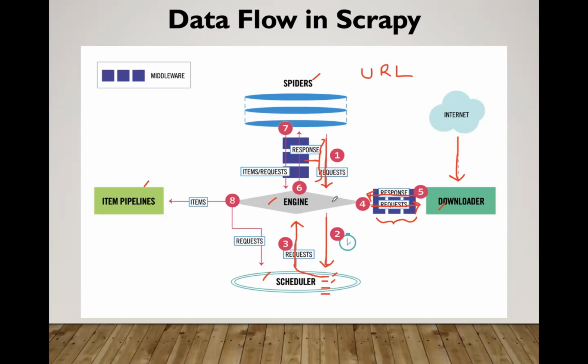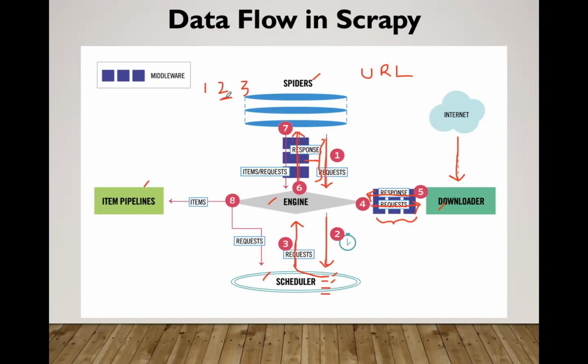Now this engine sends the response from the downloader to the respective spider that generated the request. Say suppose there are spiders like 1, 2, 3.